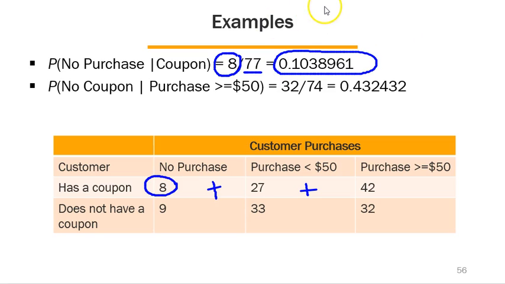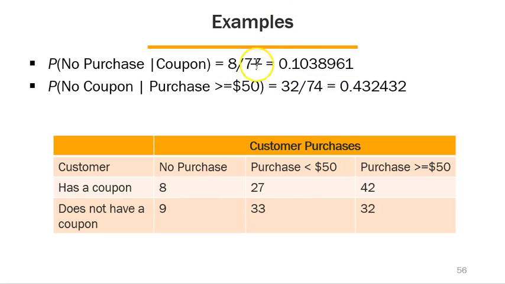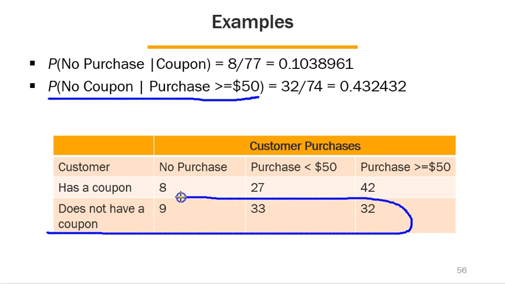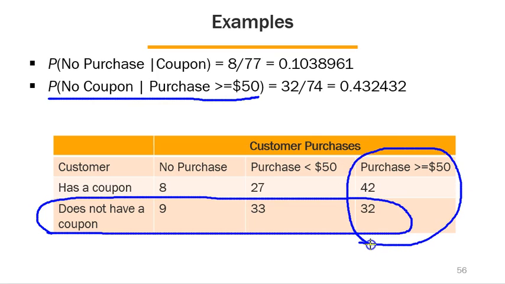Then the second example asks us to consider the probability of no coupon given a purchase of at least $50. So we can look at the intersection, so no coupon, looking at this, and purchase of more than $50 is this. So what is the intersection there?